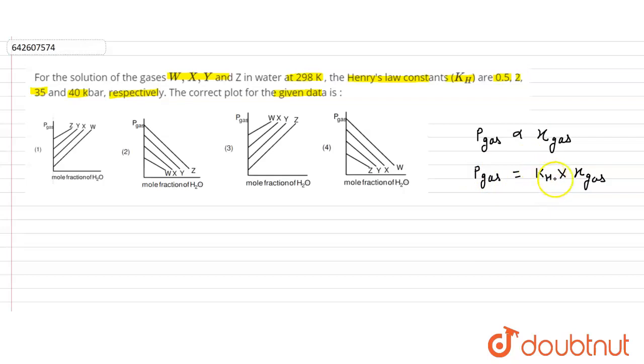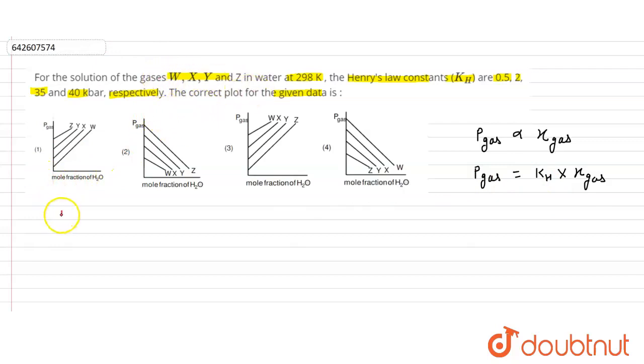Now this relation is for the gas, but in the question we have the plot of partial pressure of the gas against the mole fraction of water, while here it is the mole fraction of the gas. So we just have to modify the equation. As we know, the total mole fraction equals 1. That means it is a solution, so the gases are in the water.